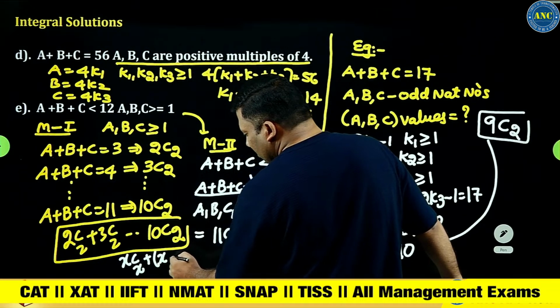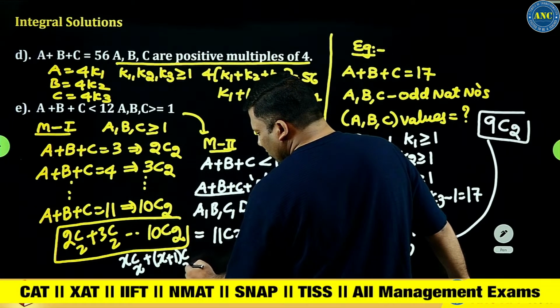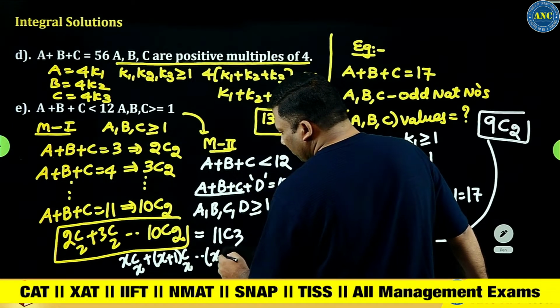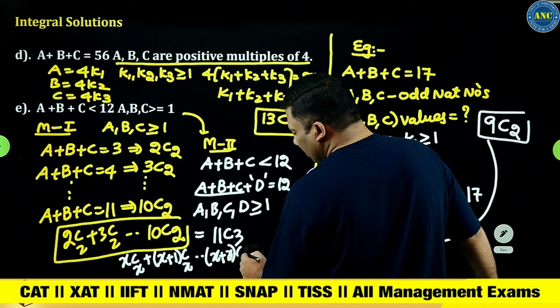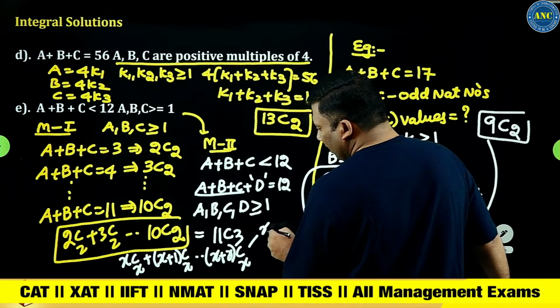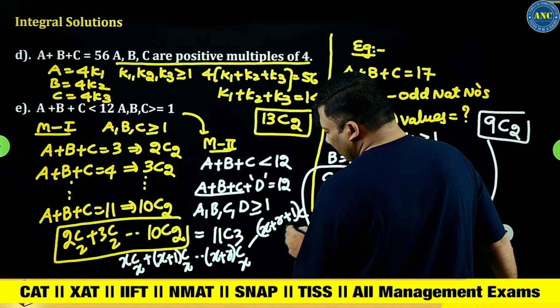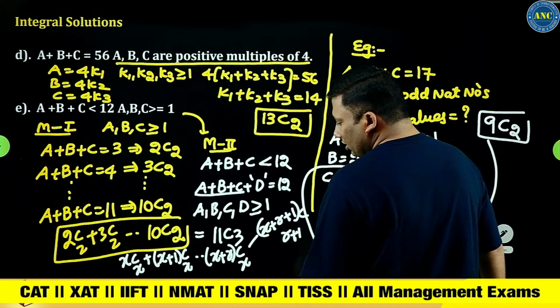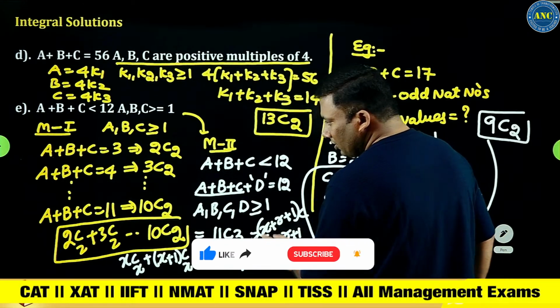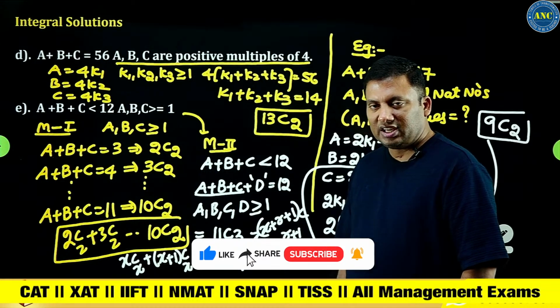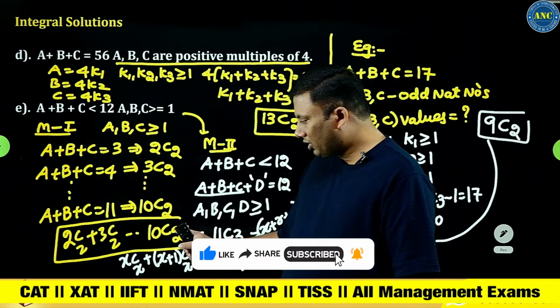That is the reason for the binomial expansion: XCX plus X plus 1 CX and so on up to X plus R CX is given by X plus R plus 1 C R plus 1. Here X is 2, so 2C2, 3C2, up to 10C2.